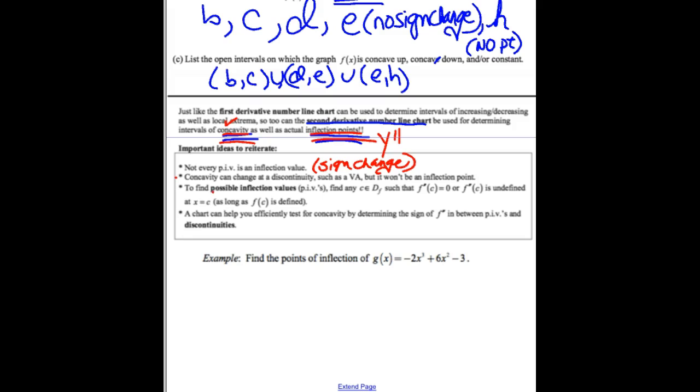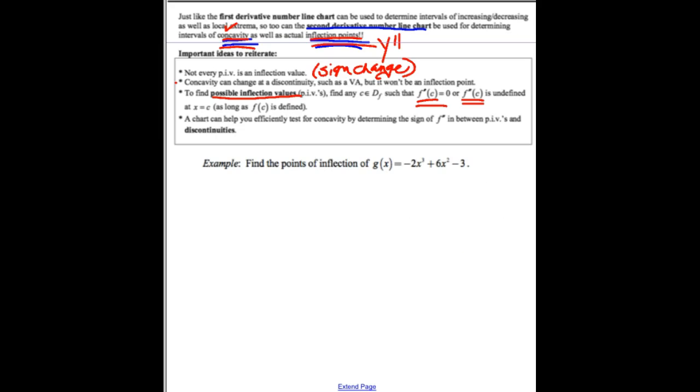To find all of these possible inflection values, we set the second derivative equal to 0, and we also find where it's undefined, because, again, those give us our cusps. All right, and then we make our chart on a sign line.